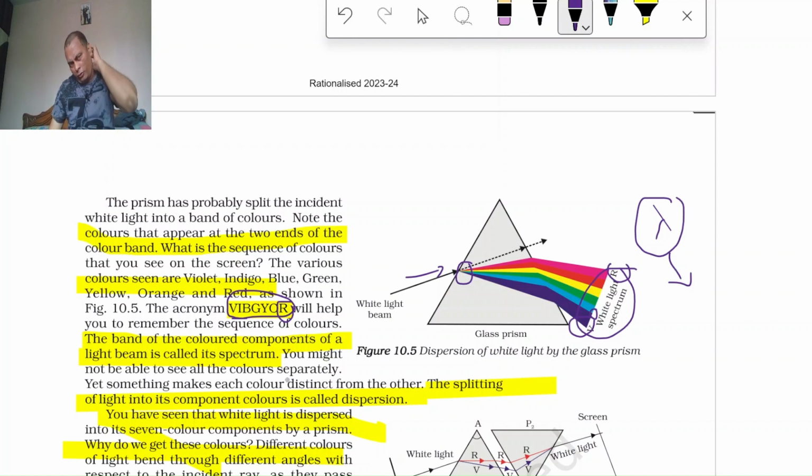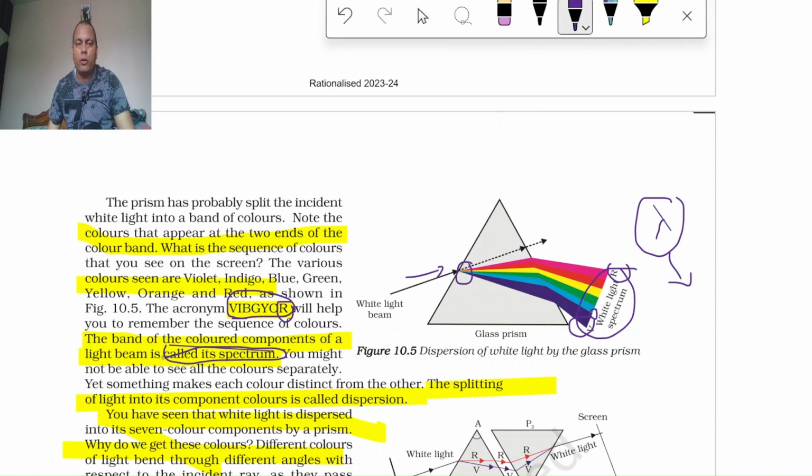Indigo is the second color. We have always heard from our parents that white light is a combination of 7 colors, the 7 colors of VIBGYOR. The band of color components of the light beam is called its spectrum.